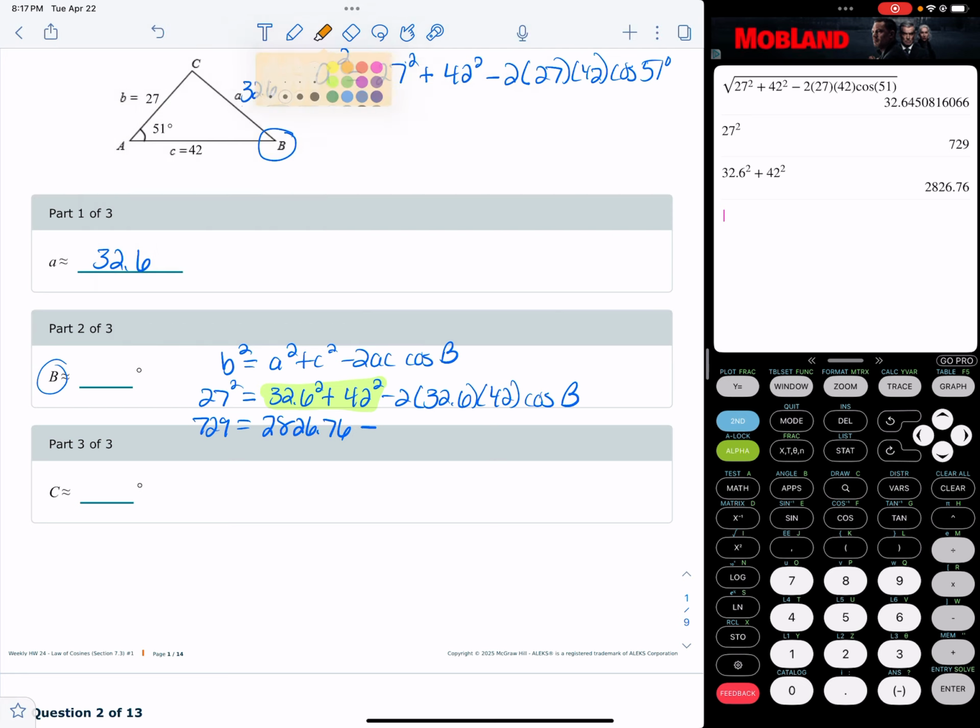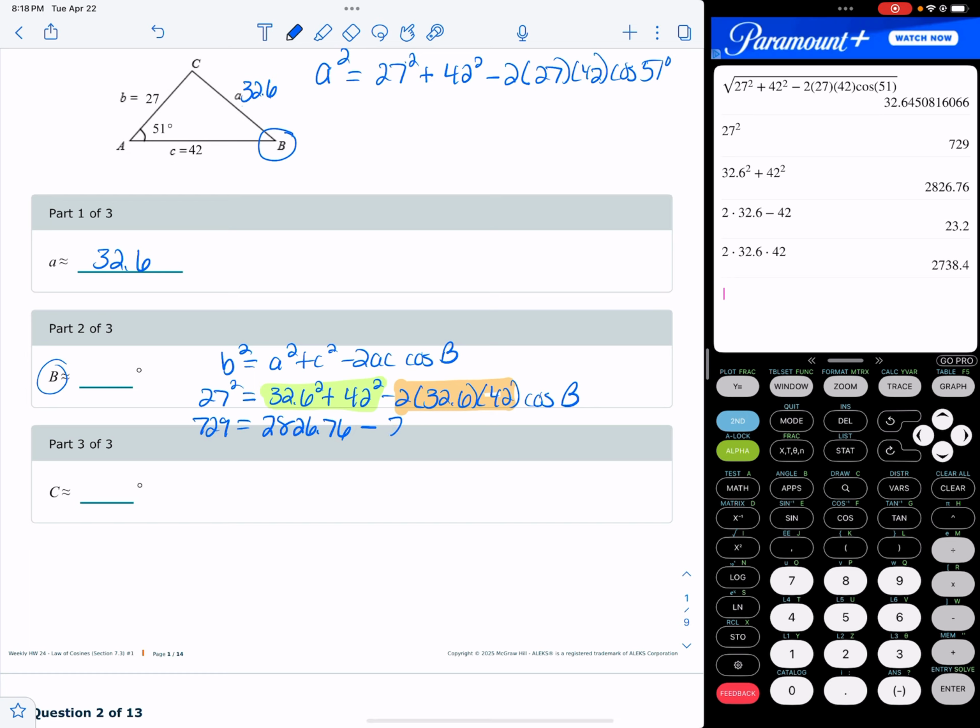Then we can also put in this part, 2 times 32.6 times 42, which gives 2738.4 cosine B. Now, this is the only area where some kids will get a little bit messed up, and they think that they can subtract these two things together and then divide both sides by that number to get cosine of B.